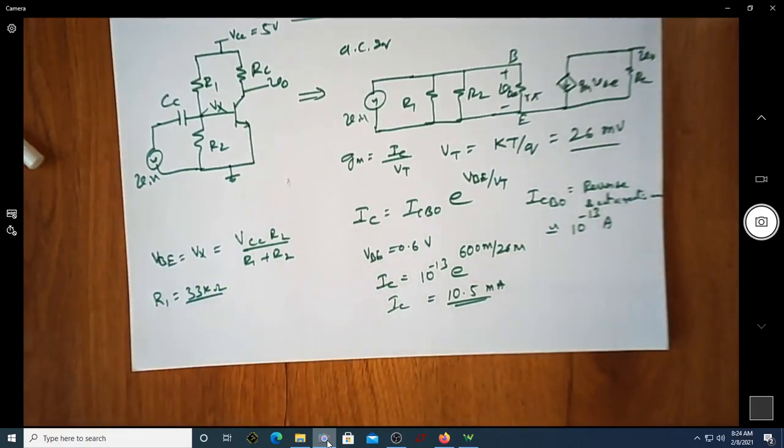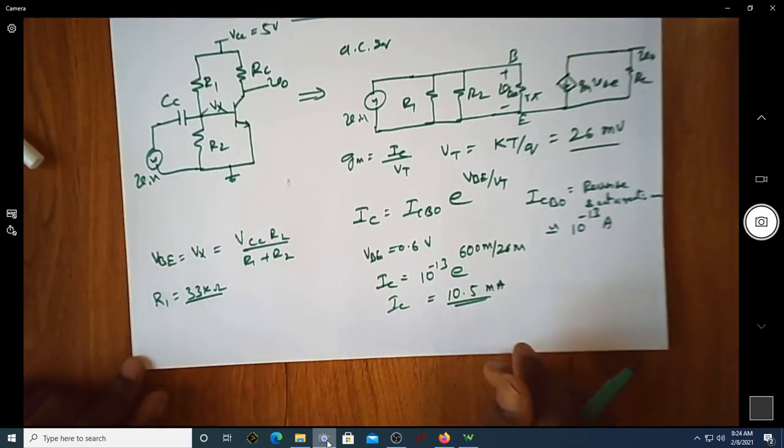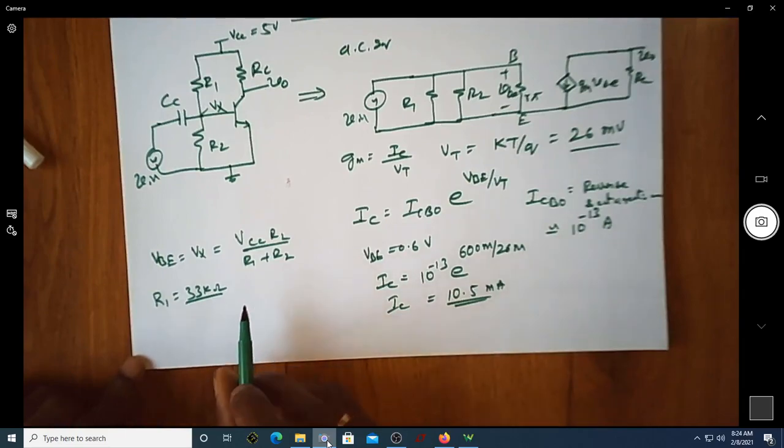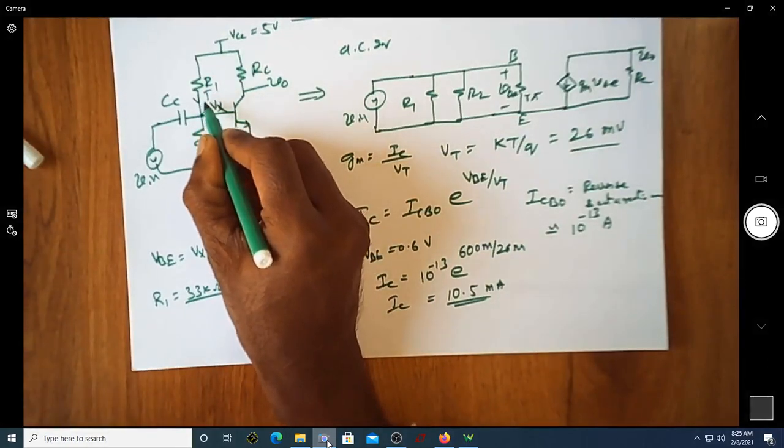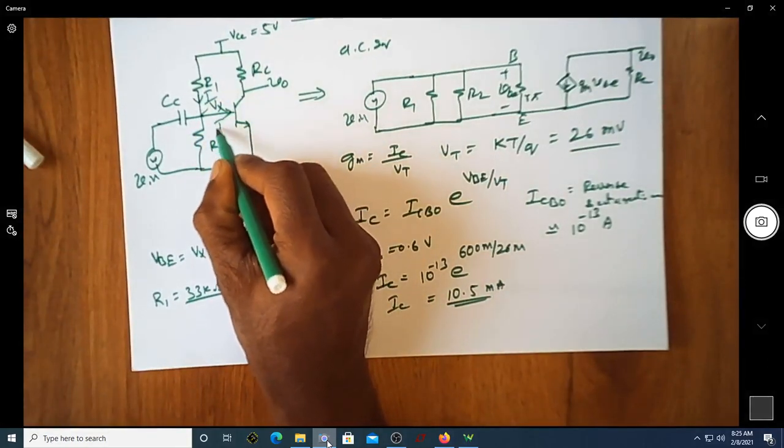So let us assume a bit larger value of R1, so that the input impedance of this amplifier is pretty good, and you cannot assume too large a value of R1 like 330 kilo ohms or 500 kilo ohms, because that will restrict the current flowing in this particular circuit, which will reduce my IB.